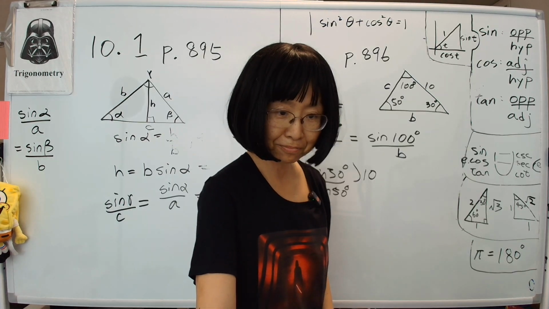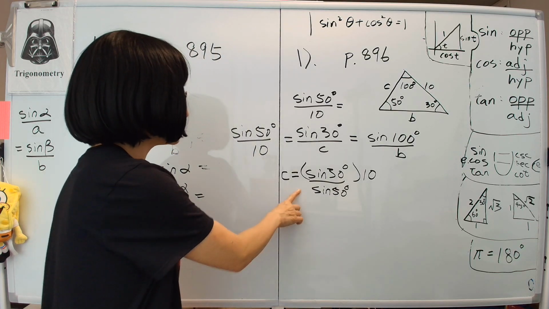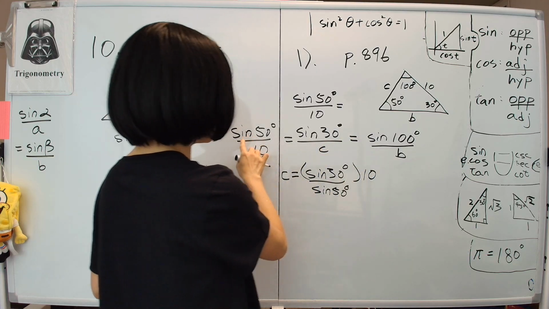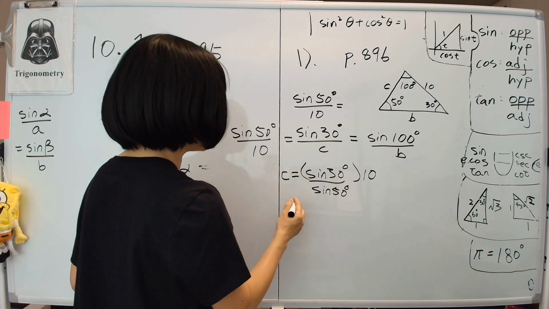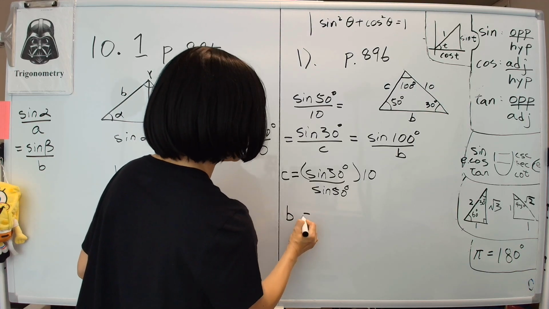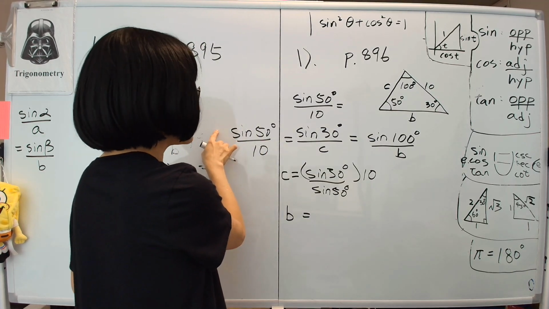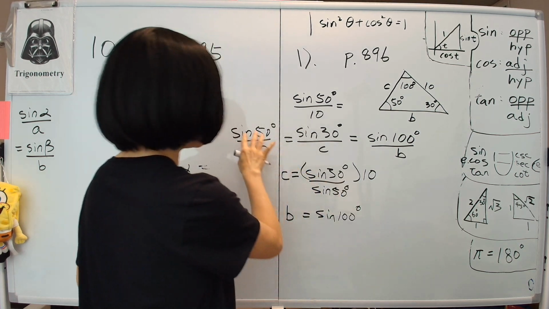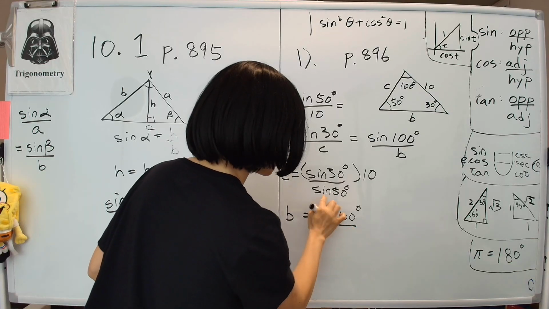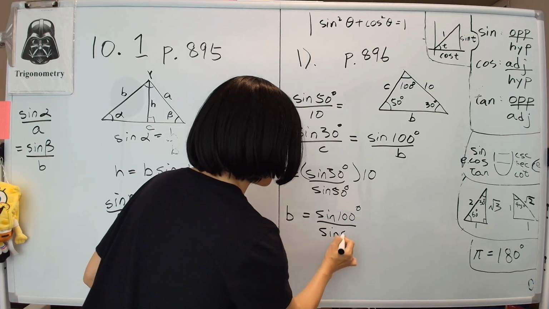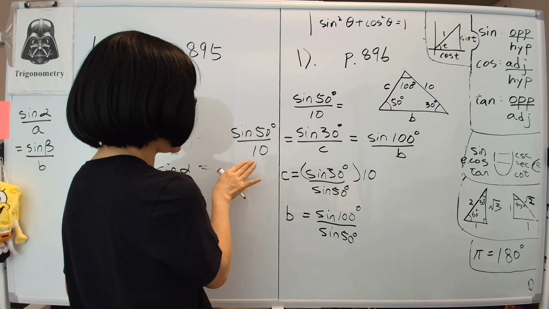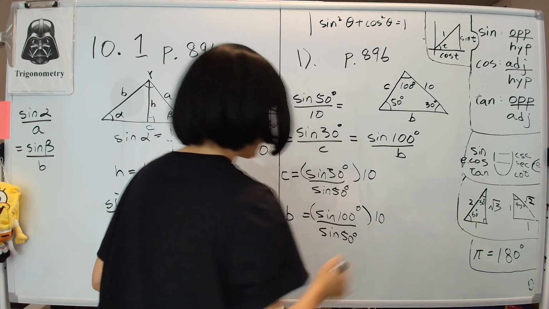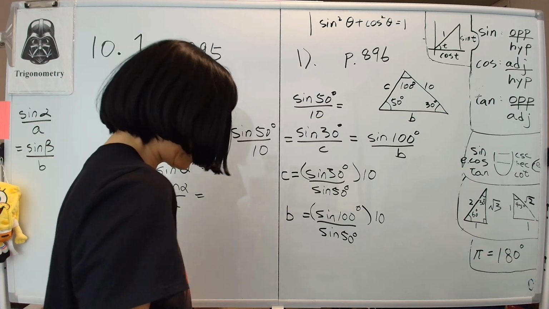Actually, before we do the calculator, let's do the same thing over here, because with B we do the same thing that we do with C. B equals, moving B up here, the sine 100 degrees stays. Then sine 50 degrees gets pushed to the bottom, just like this one, and the 10 pushes up to be multiplied by the sine 100. All right, so that should do it.